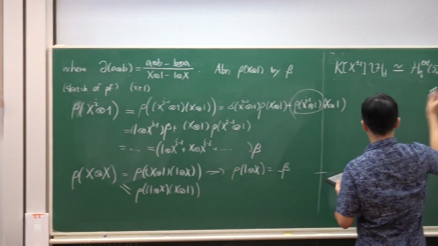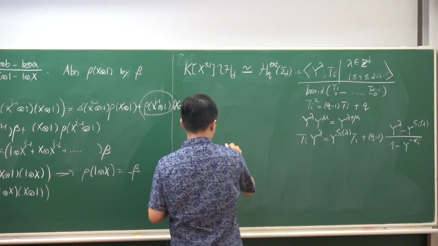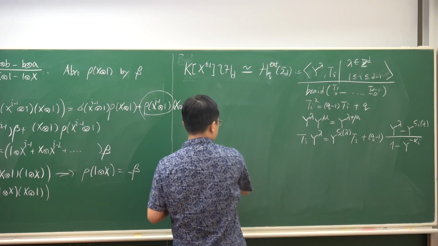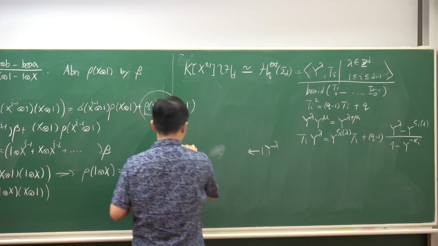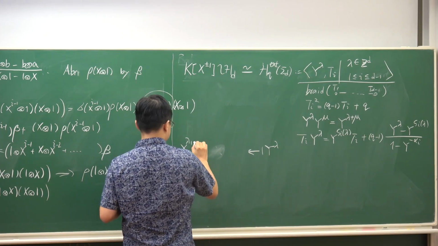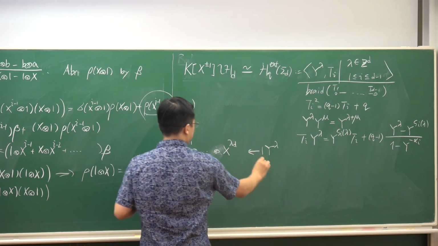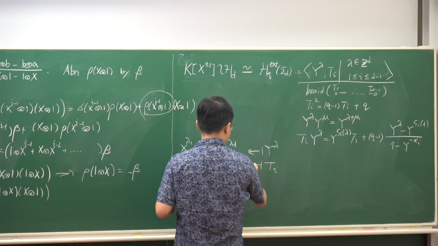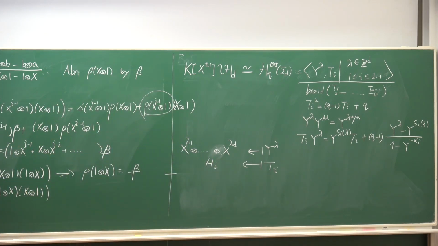And the isomorphism sends, maybe I should go the other way, y lambda to x to the lambda 1 tensor x to the lambda d, and this ti is mapped to hi. Okay, so this is answering Shun's question.